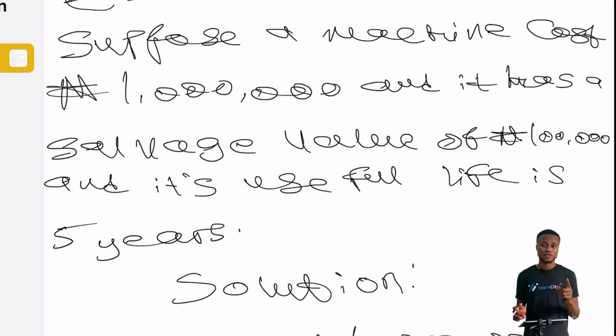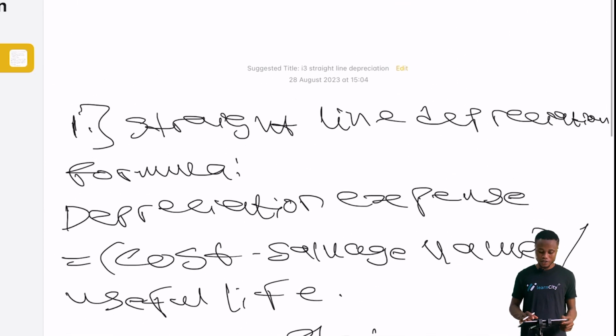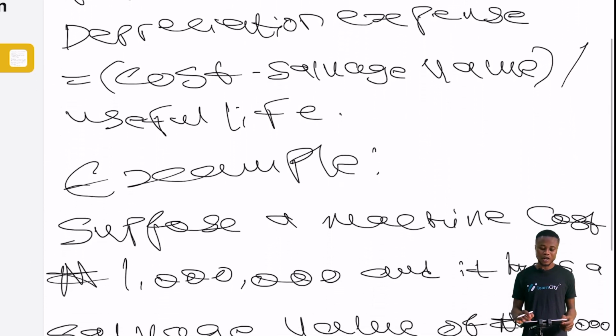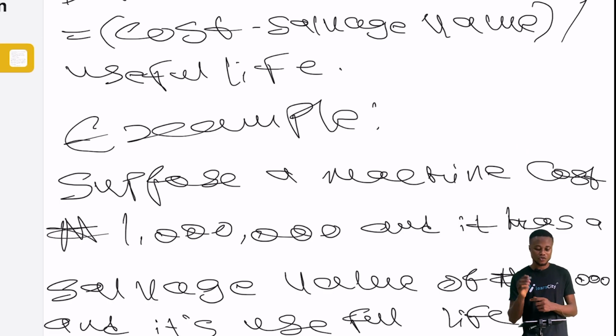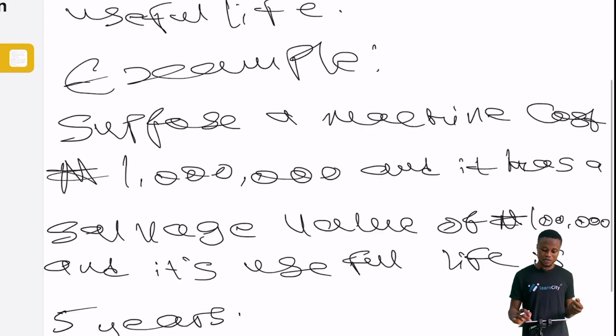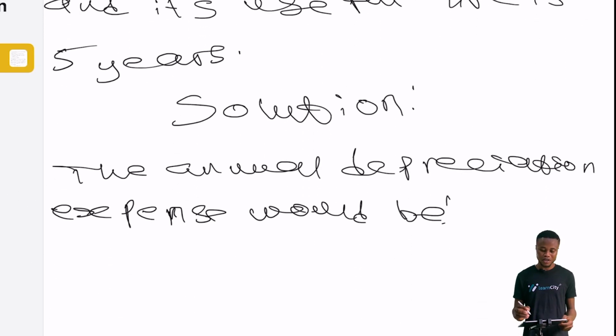If you remember, the formula says cost minus salvage value divided by the useful life. It will now be 1 million naira minus the salvage value given as 100,000, divided by the 5 years useful life. That's just what you have to do.